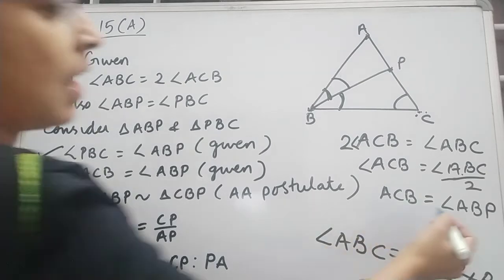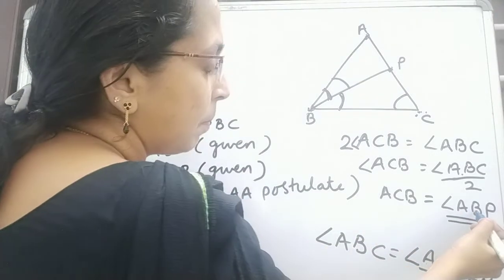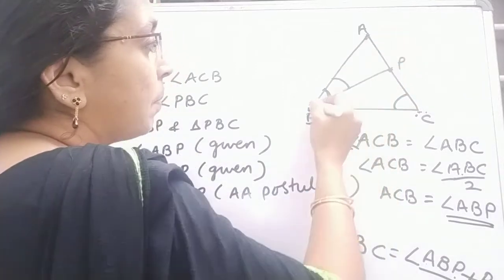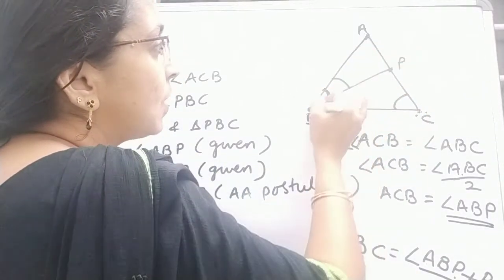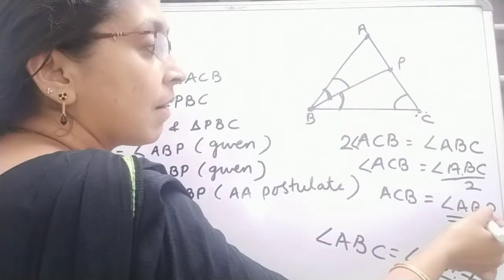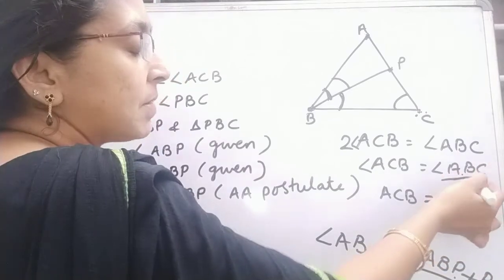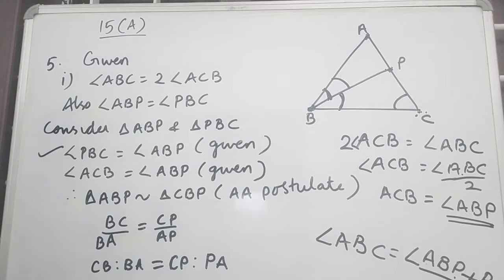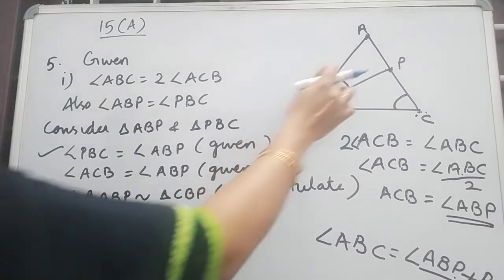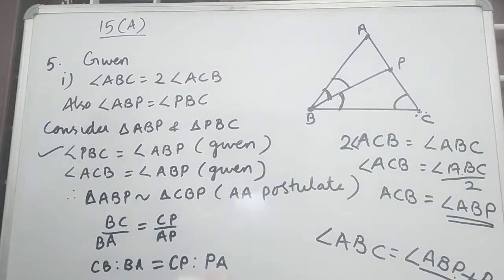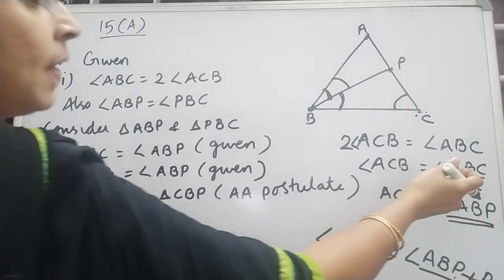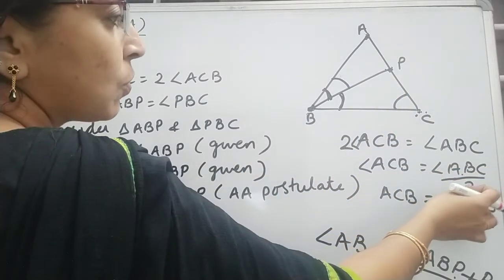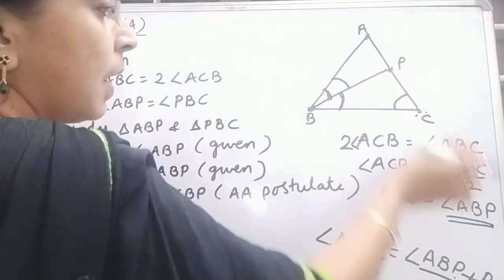Why are we writing ABP? ABC divided by 2 is ABP. Why can we write this? Since BP is the bisector, half will be ABP and half will be the remaining angle. So half only they asked, ABC by 2. So ABC by 2 is ABP.